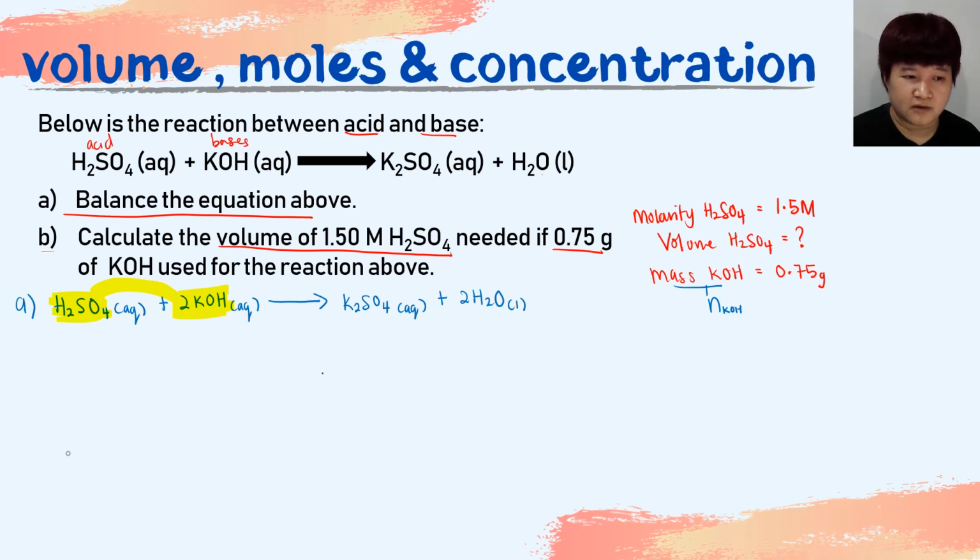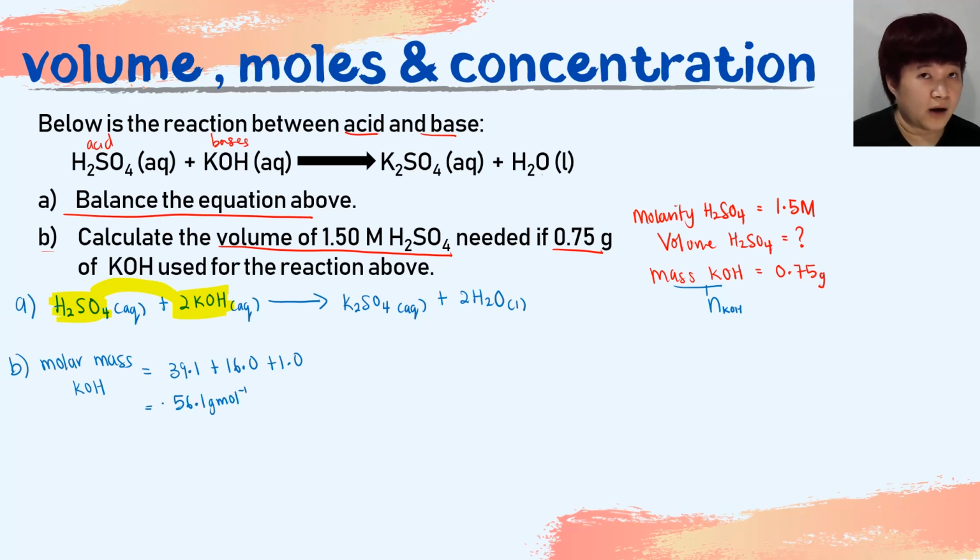Since it's a mass, first and foremost, we need the molar mass of KOH. So the molar mass of KOH will be 39.1 with oxygen 16 and hydrogen 1. Make sure it's 1 decimal place. 56.1 gram per mole.